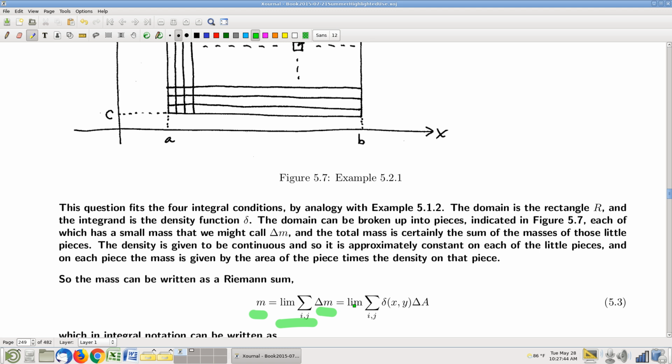There's that accumulation feature. Each little piece of mass relates to area. There is an integrand that I can multiply by area to compute that little piece of mass. And notice that I then get a Riemann sum. Is everybody happy with that? And Riemann sums, of course, are integrals.